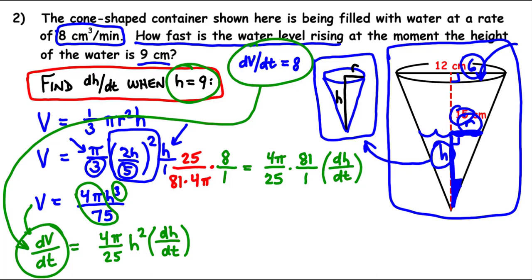I'll do the same thing on the right. I just like to write things out and cancel them. It feels good to me, but also I know I'm not going to goof up anything that way. I've got the dh dt by itself, which is the thing I'm trying to find. Like I mentioned, the 4 and the 8 are going to cancel, so some light cancellation.